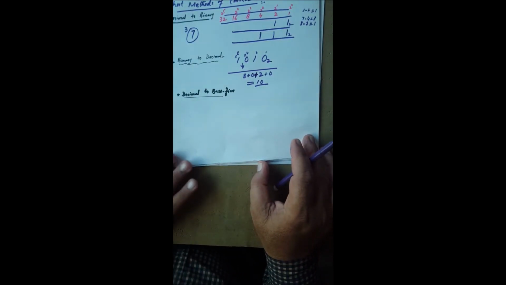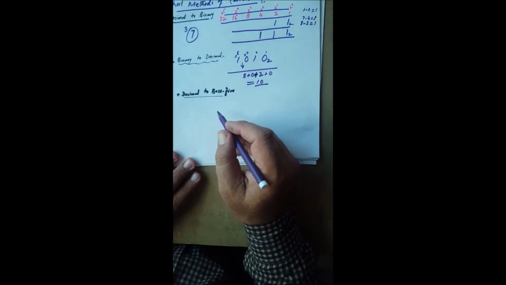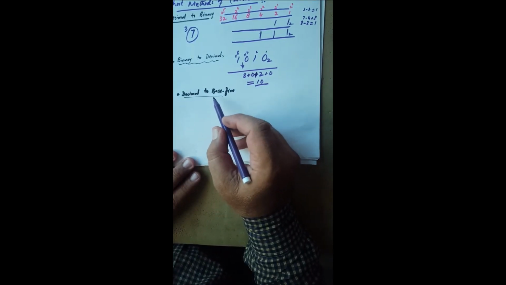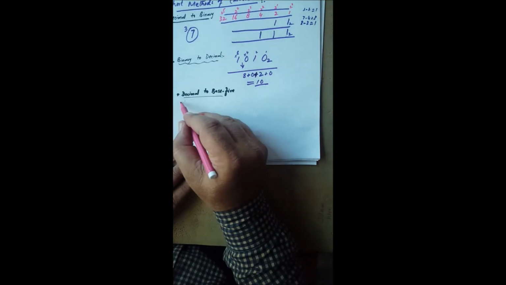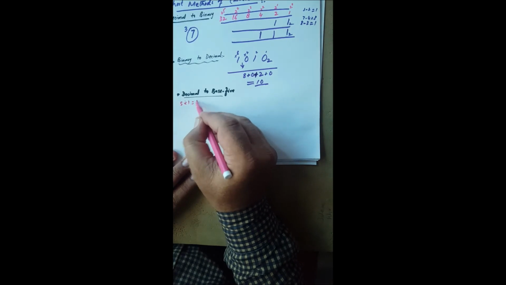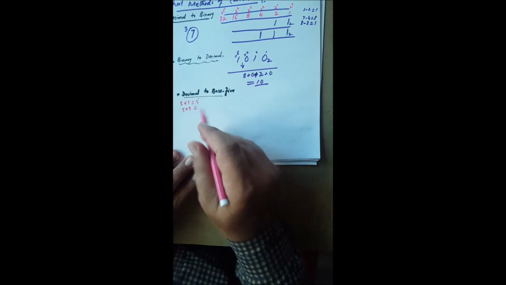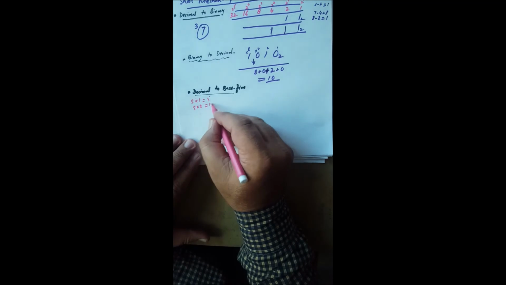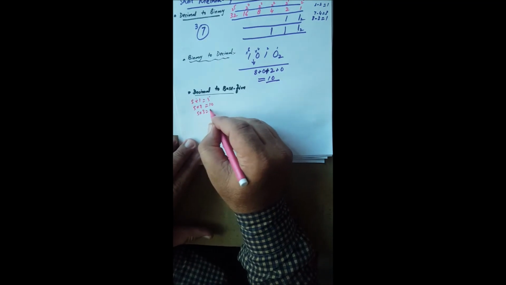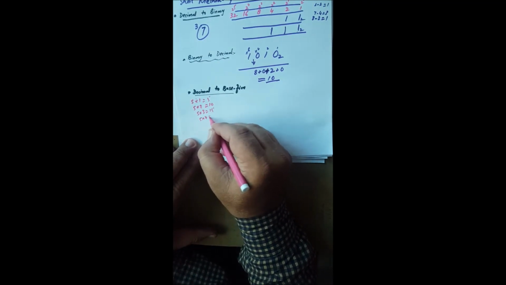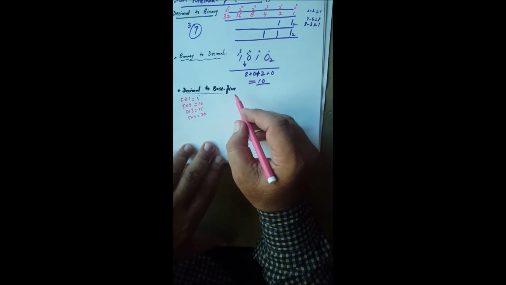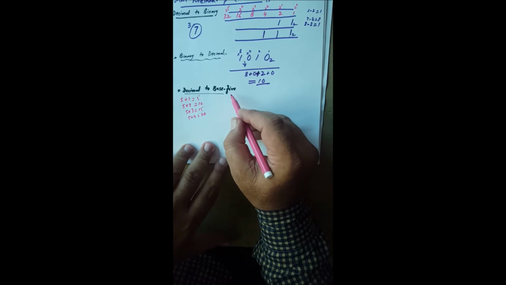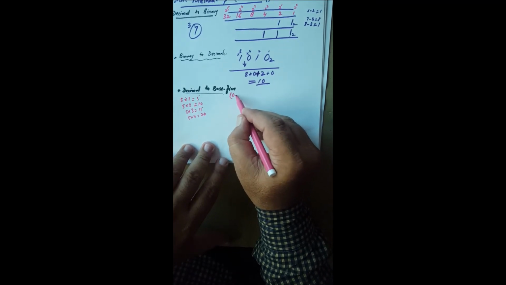Now we have to convert decimal to base 5. To convert a decimal number to base 5, we have to use the table of 5. 5 ones are 5, 5 twos are 10, 5 threes are 15, 5 fours are 20, and so on. As we know, in base 5 the digits used are 0 to 4.